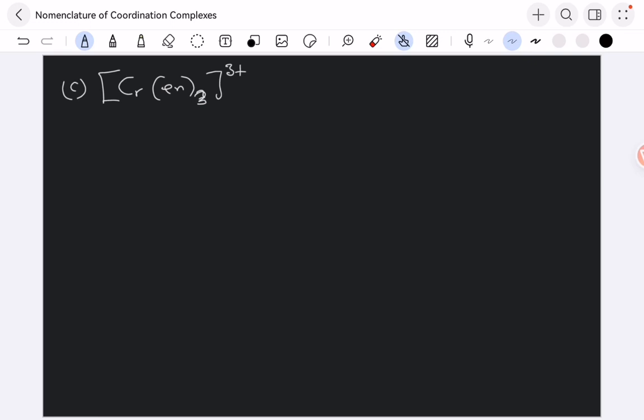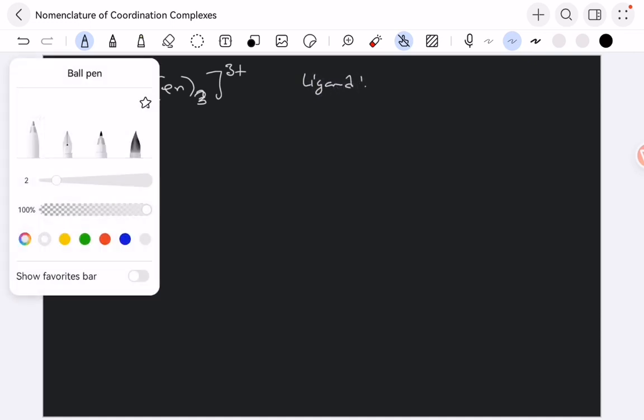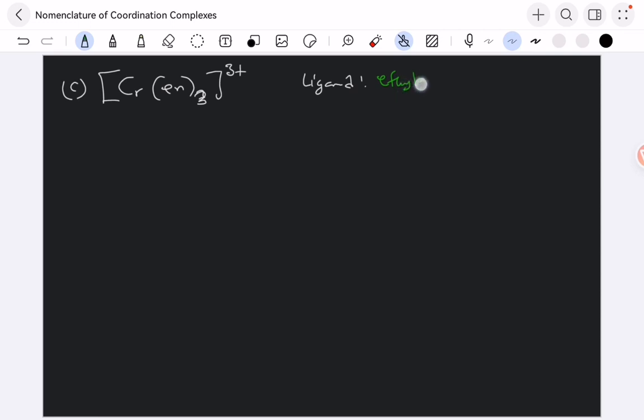So in terms of ligand, we have ethylenediamine. Then the metal, because it's on the positive side, we maintain chromium. Then in terms of oxidation number, it's positive 3 according to what is given there.